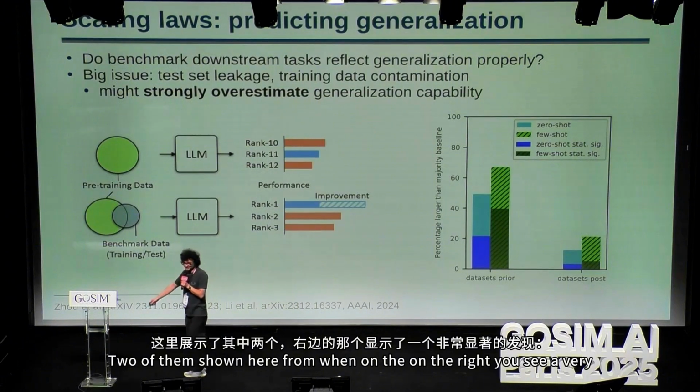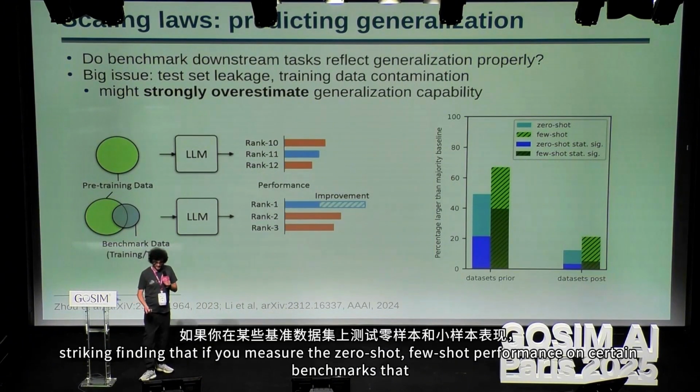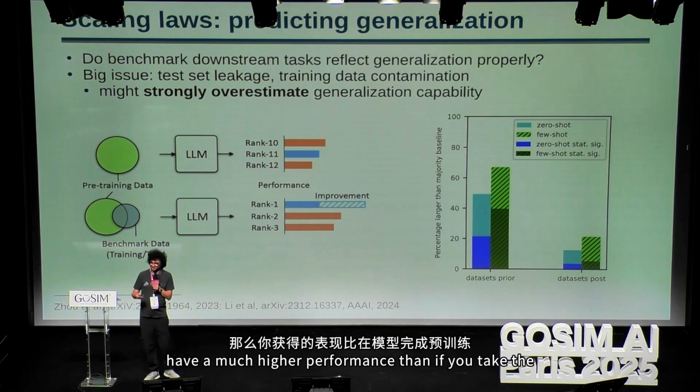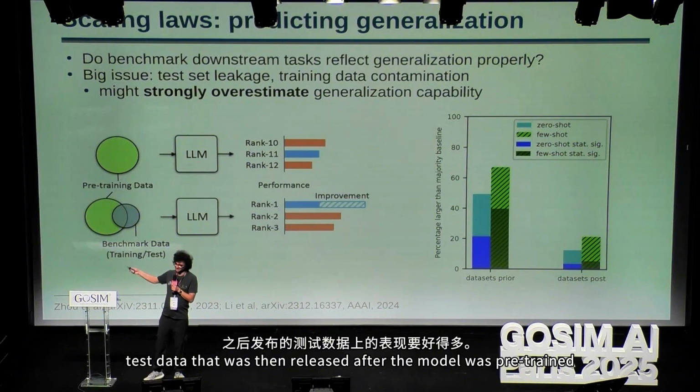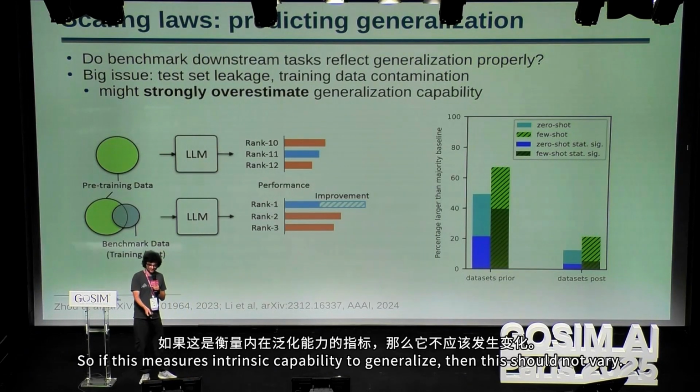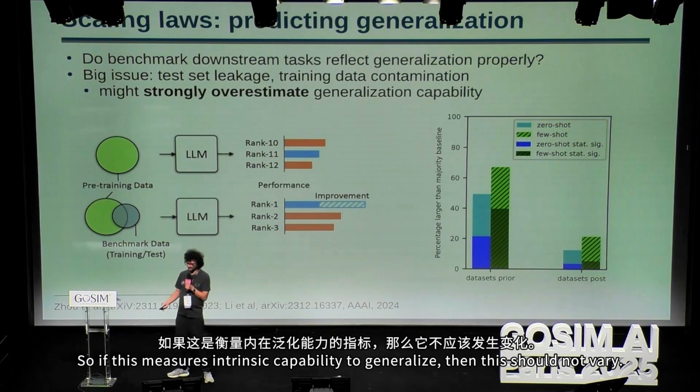On the right, you see a very striking finding: if you measure the zero-shot, few-shot performance on certain benchmarks that contain the dataset prior to the pre-training of a certain model, then you have a much higher performance than if you take the test data that was released after the model was pre-trained, which gives you an immediate hint that something is strange, right? If this measures intrinsic capability to generalize, then this should not vary.